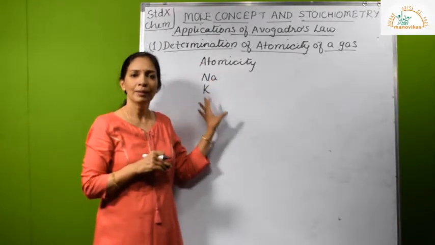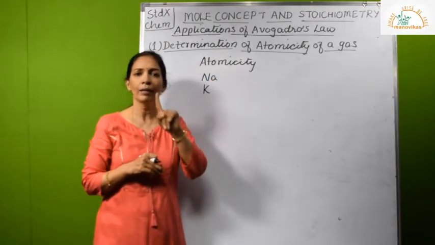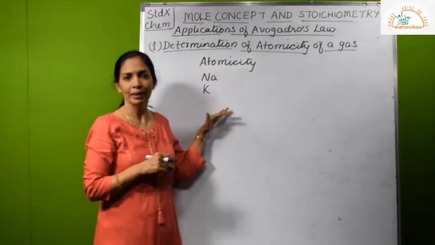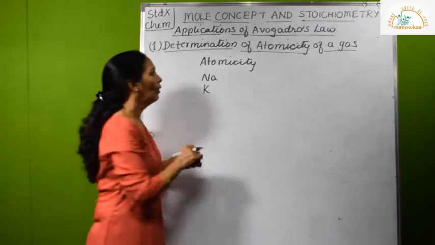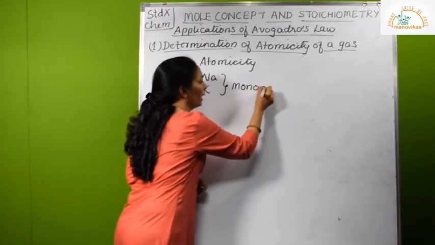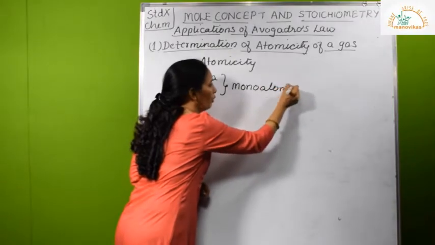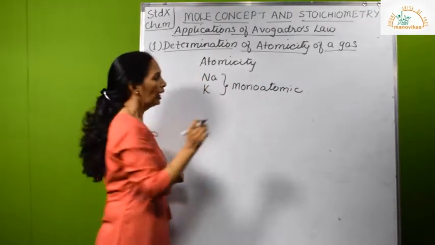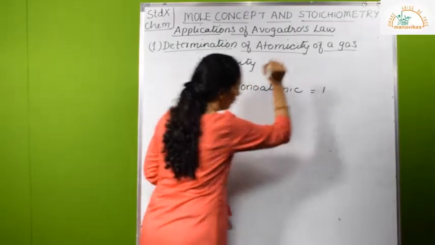What does it mean? It means that there is only one atom per molecule for these mostly metals. So these are called monoatomic. Their atomicity is 1. Mono means 1.